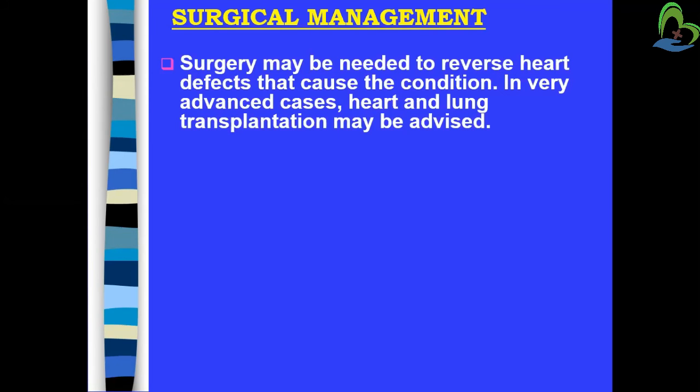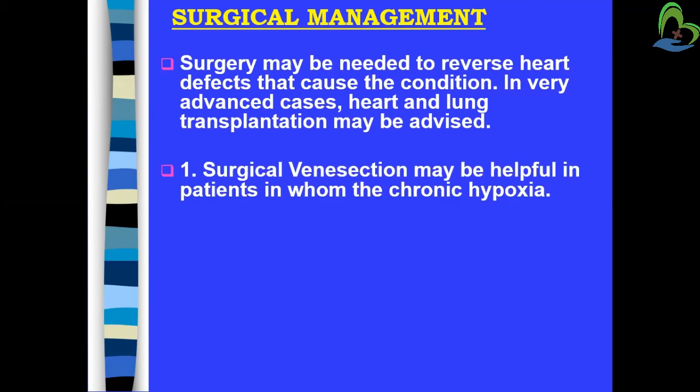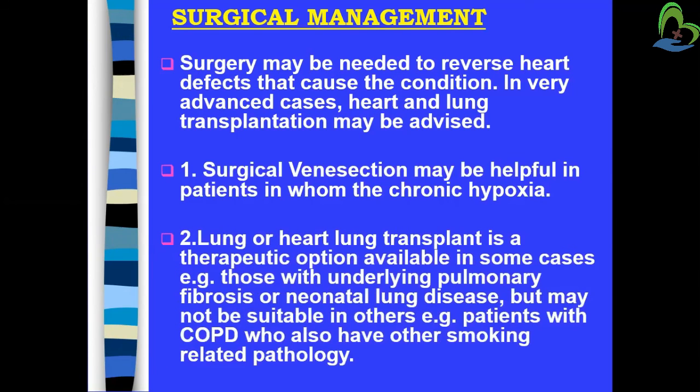Surgical management is required to reverse the heart defects that are the cause of the heart conditions. In very advanced cases we can do heart and lung transplantation. Surgical venesection can be done in patients with chronic hypoxia.